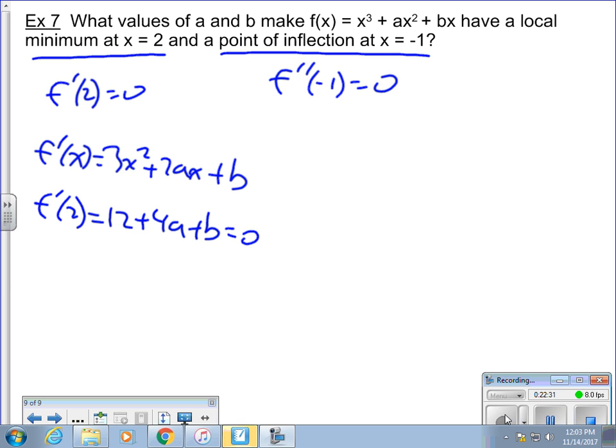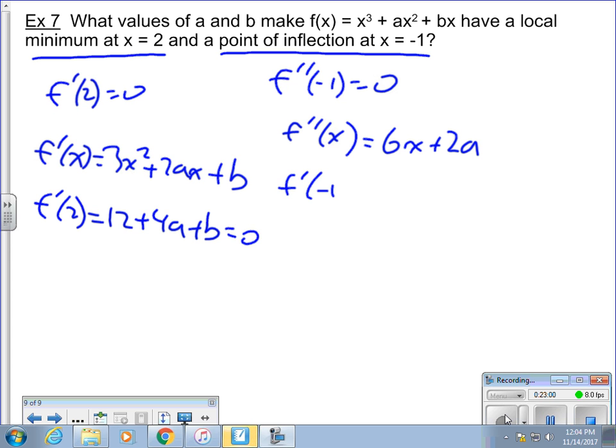Okay, I've got 2 variables and 1 equation. I'm kind of stuck at the moment, but I've got it narrowed down. I know what the relationship between a and b is. Now I do the same thing for the second derivative. F double prime of x: derivative of 3x squared is 6x, derivative of 2ax is 2a, derivative of b is 0. Ooh, 1 variable. That makes it nice.